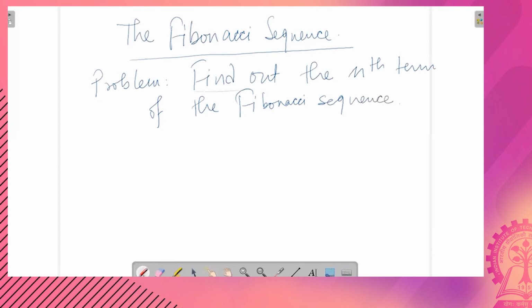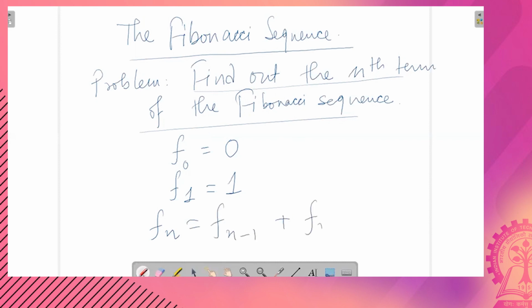So this is my problem statement, and I guess all of you remember from your programming and data structure course that the Fibonacci sequence follows a particular formula, the one that I am writing down. F0 is 0, F1 is 1, and any other term Fn is equal to Fn minus 1 plus Fn minus 2 for any n greater than or equal to 2.